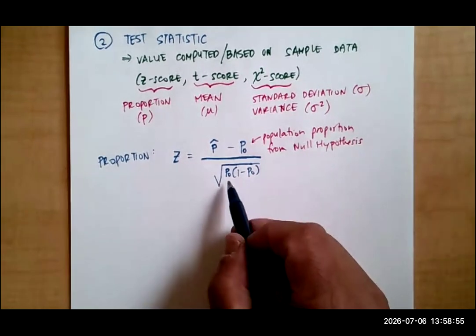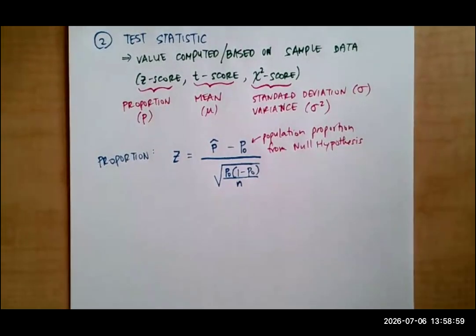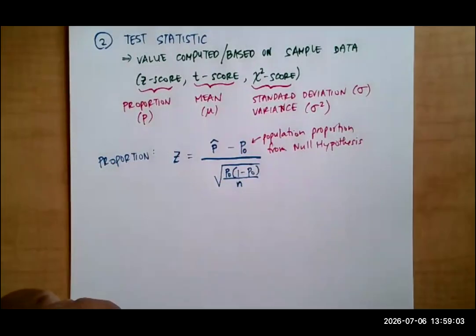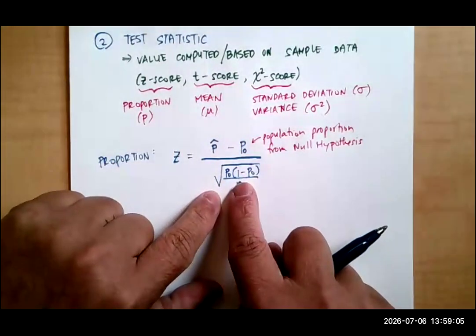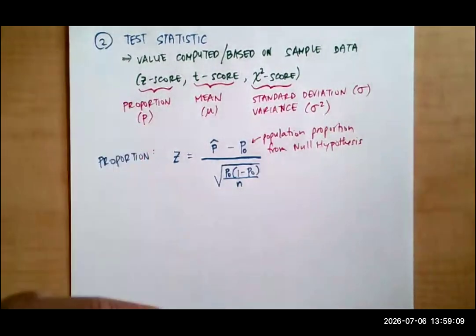And then we're going to divide that by n, your sample size. In calculation, we'll do that subtraction first in the numerator. We can do the square root work from the denominator separately, and then bring those together, type it all in at once, being careful with the order of operations.